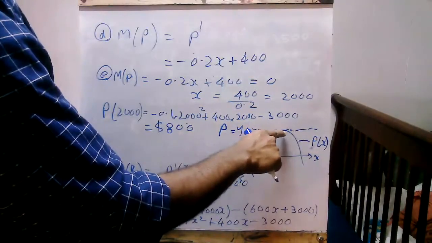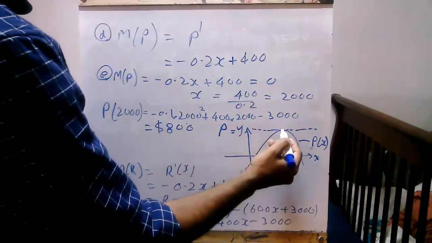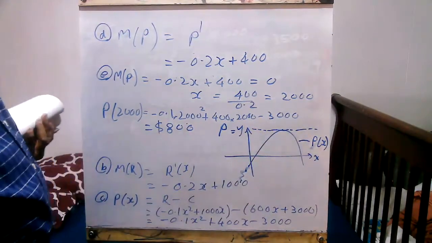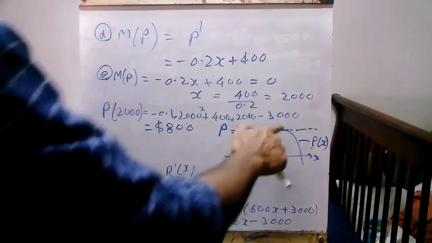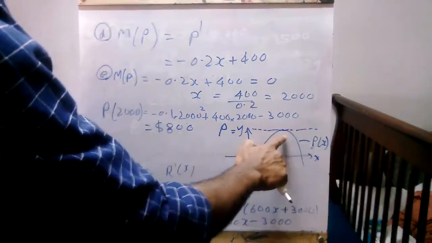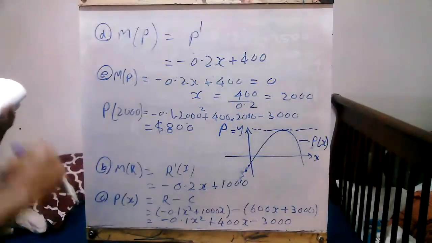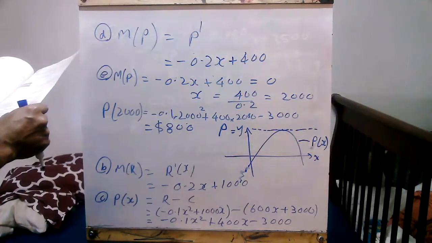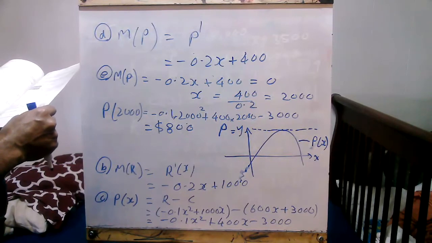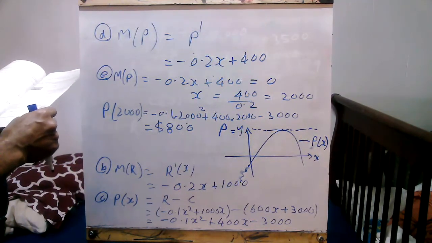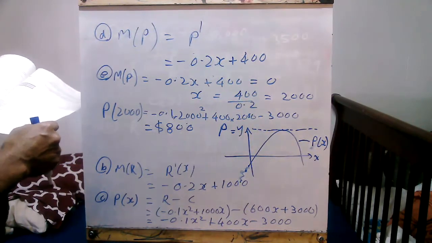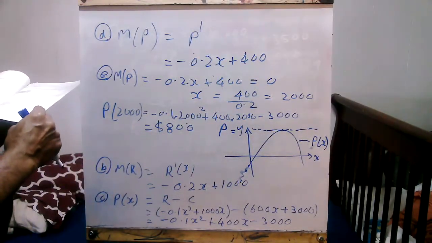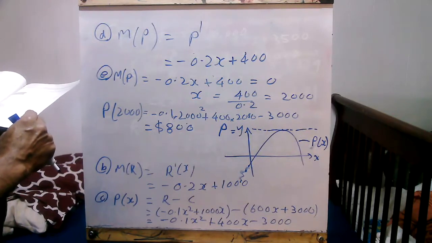When marginal profit is 0, you see that is the maximum point of the profit function, right? Therefore you can say when marginal profit is 0, profit is maximized. That's what it means. What does this profit represent? That profit represents the maximum value of maximum profit.